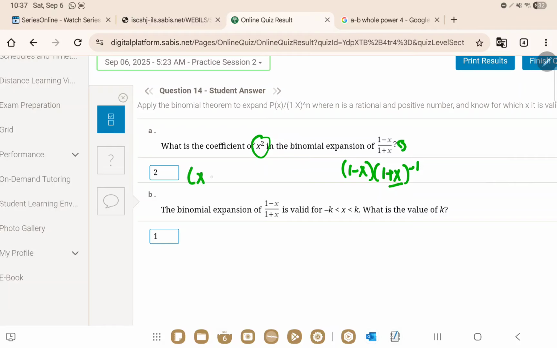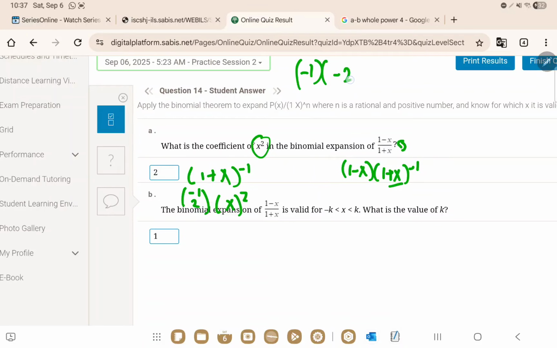So 1 plus x negative 1, it's going to be negative 1, 2 into x power 2. So to solve this, because you have 2 in the bottom, you only factor out 2 values. So it's negative 1 and minus 1 minus 1.